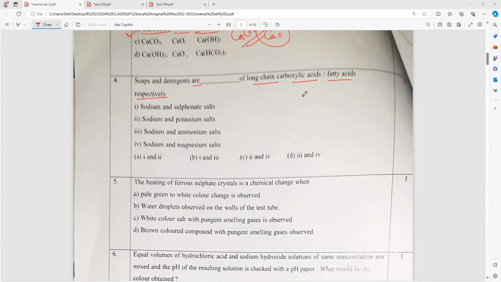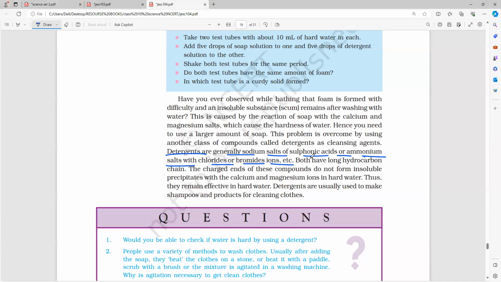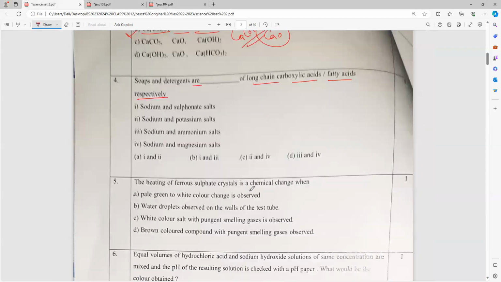Okay, so that is one. Soaps and detergents are what, guys? Soaps first, then detergents. Detergents are salts of sulfonic acids and ammonium salts. The options: sodium and magnesium salts, sodium and ammonium salts, sodium and sulfonate salts.